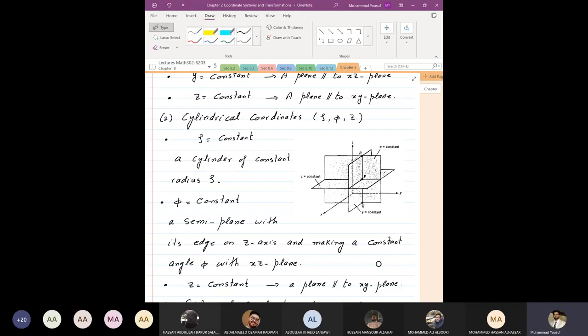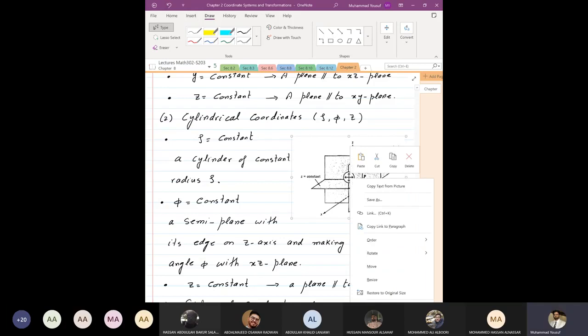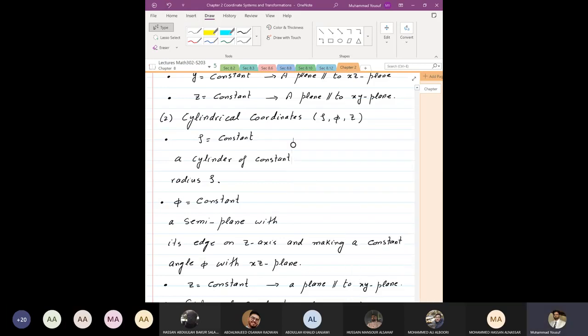This is for the Cartesian, and this is the simplest one. Here, this one is for cylindrical.